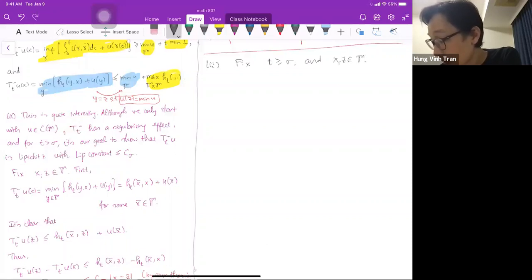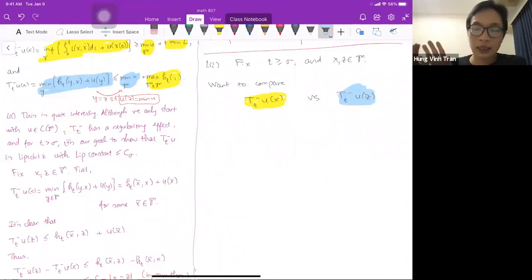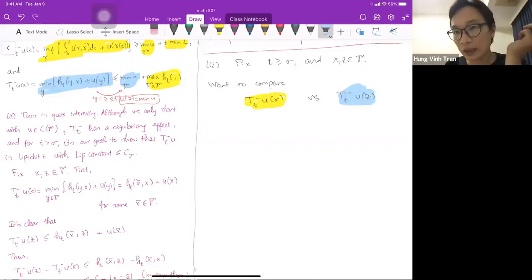We want to compare T_t^-(u)(x) versus T_t^-(u)(z). Those are the two objects we would like to compare, this one with this one. Again, if we hadn't done all the preparation steps earlier, it would not be easy to do so.